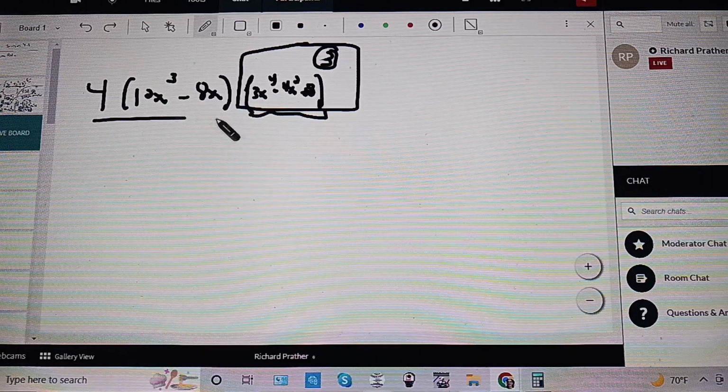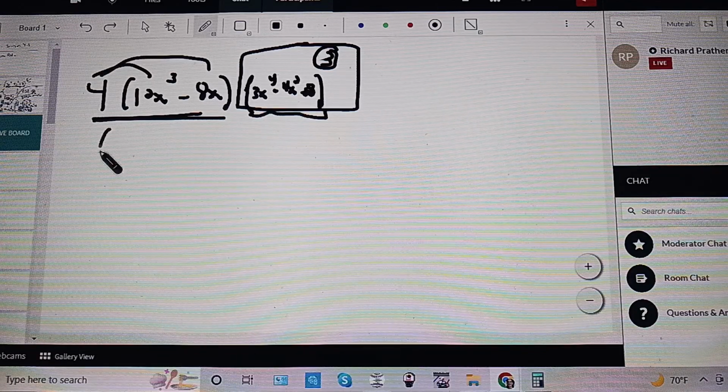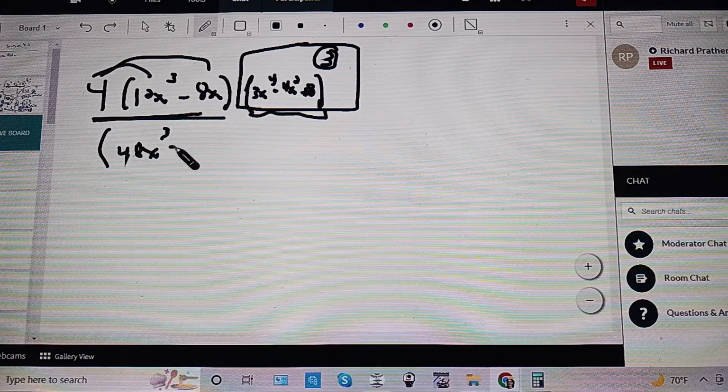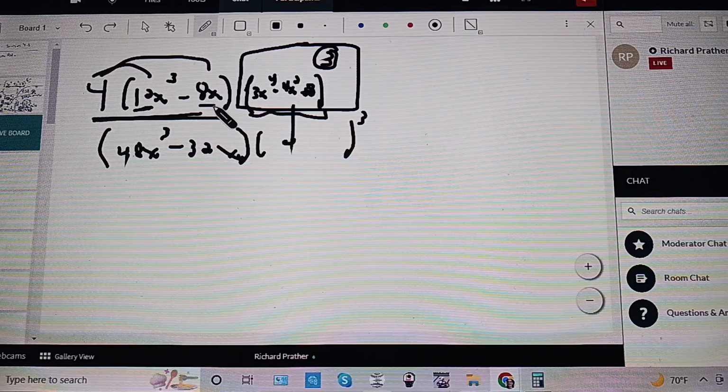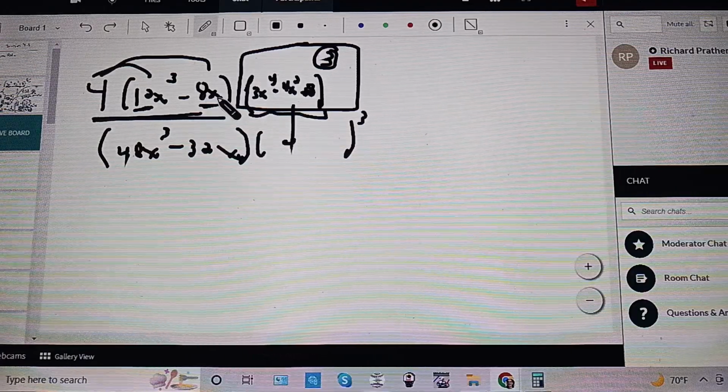A couple of things you could do with this. Since it's first power, you could distribute the 4 back in if you want, and get 48x to the third minus 32x times this. Or you could say, well, I pulled the 4 out already. Why don't I get a GCF and go the other way? 12 and 8 both divide by 4, and they both have an x.